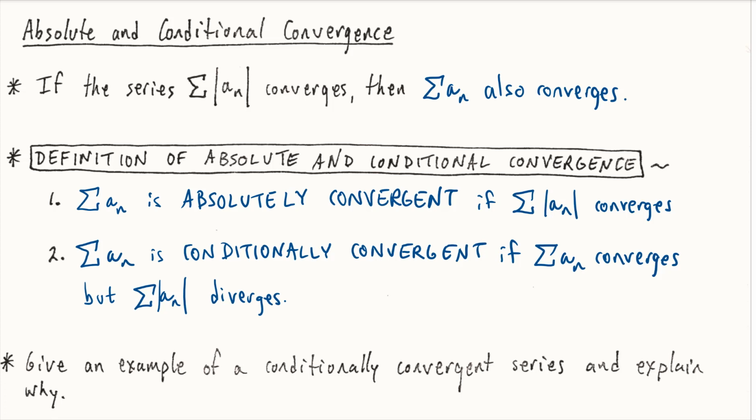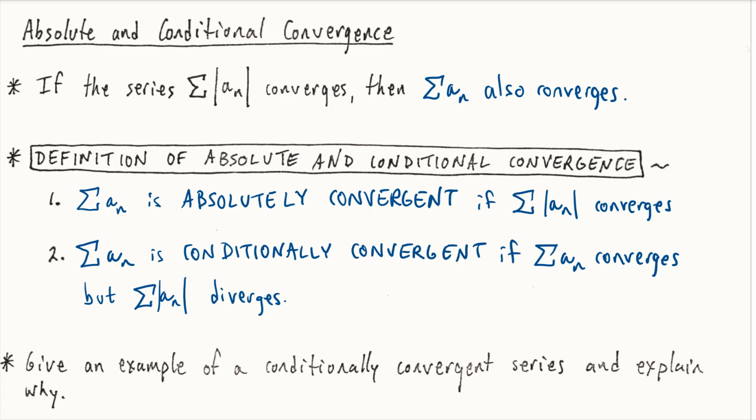The name comes from the fact that there needs to be this condition that some of the terms are negative for it to converge, and without that condition it diverges. Stop and think about it, see if that makes sense to you. We say it's conditionally convergent if when we use its negative terms we get a convergent infinite series, but the moment we switch all those terms to positive, it diverges.